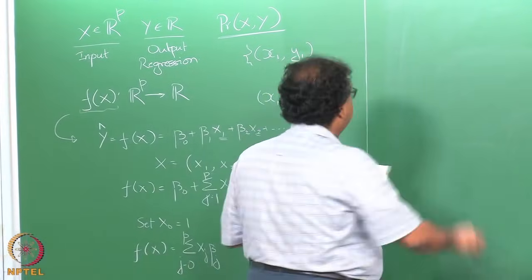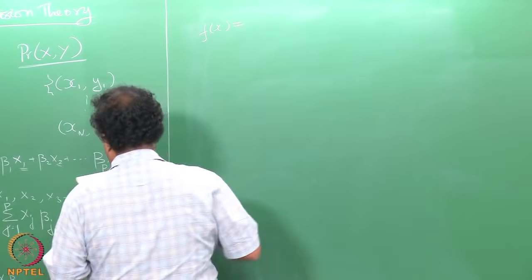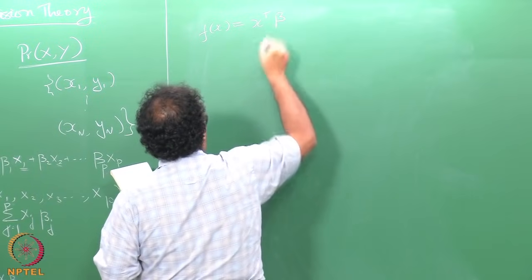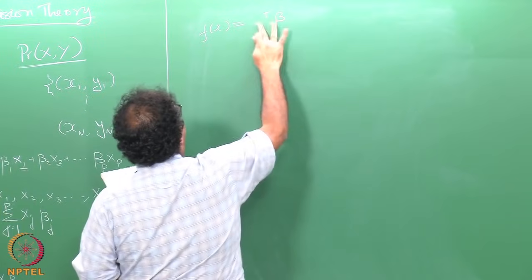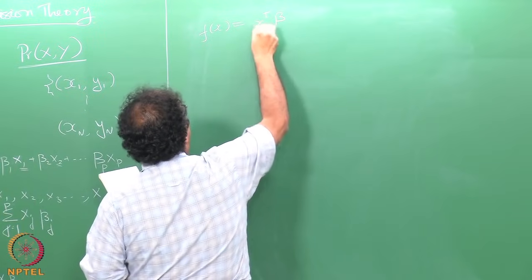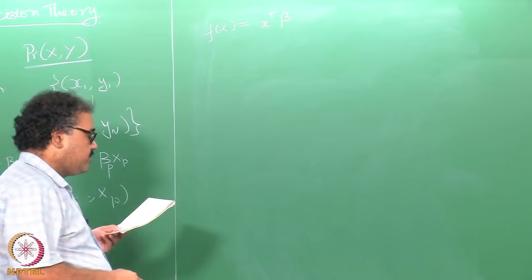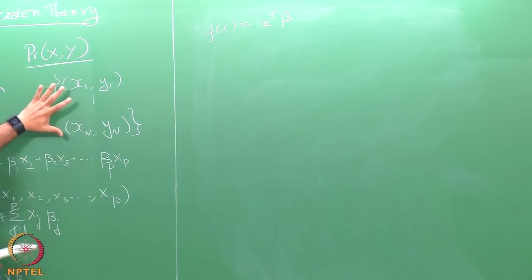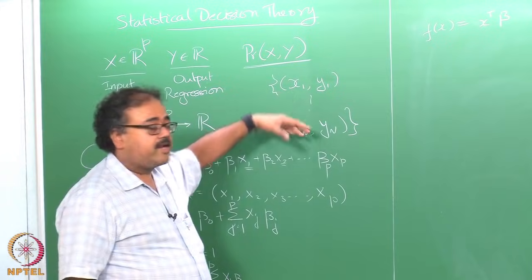Essentially, in vector notation, we assume f of x to be x transpose beta. From the training data point of view, I can think of having a vector notation for this.